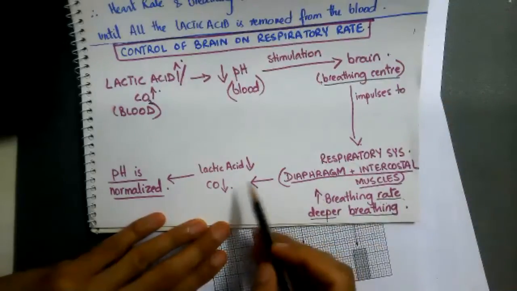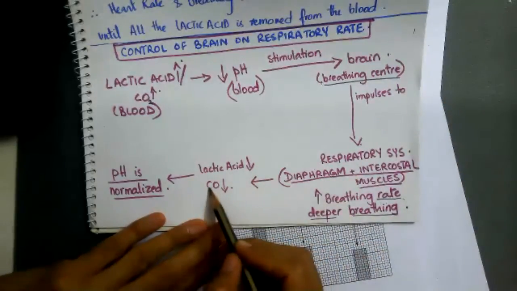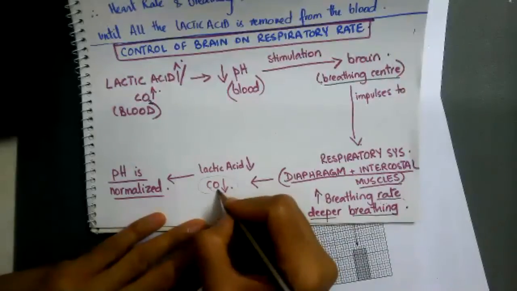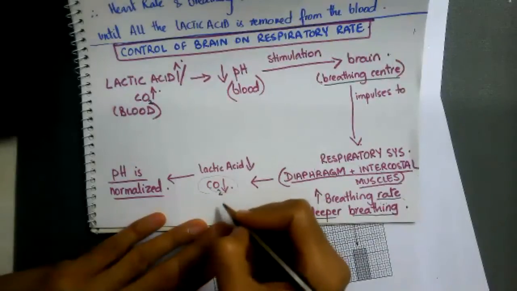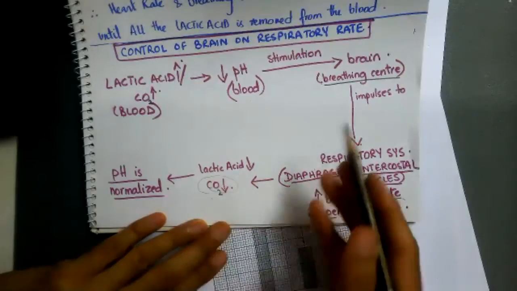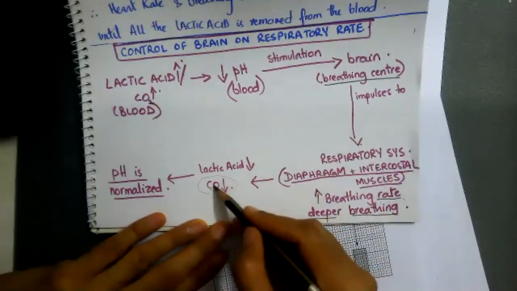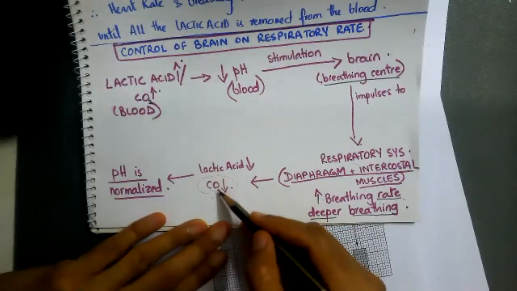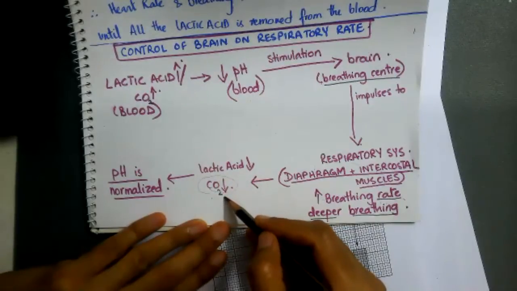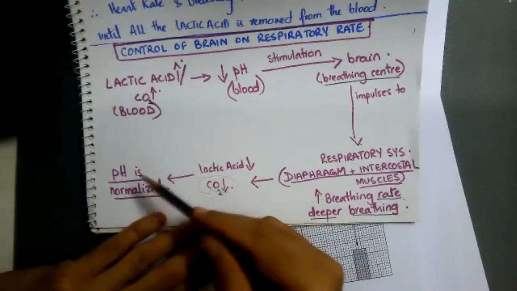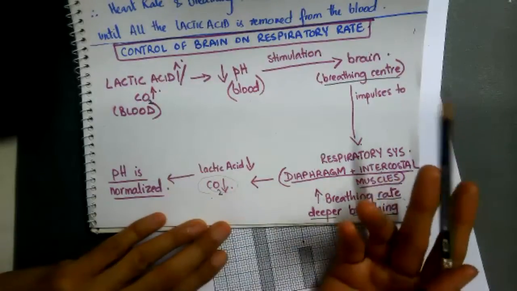So this means rapid removal of carbon dioxide from the blood. And of course, that carbon dioxide came from lactic acid. And so more lactic acid would be converted into carbon dioxide. And so that is how the pH of the blood will be normalized.